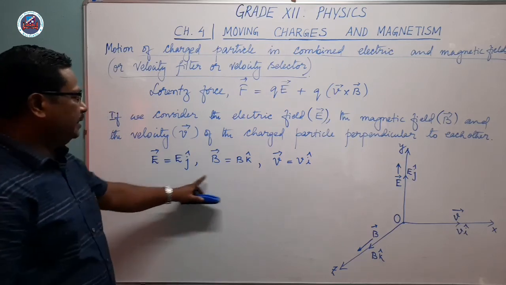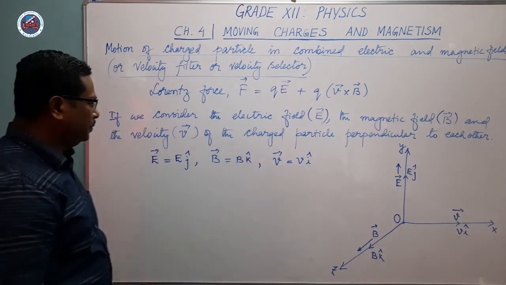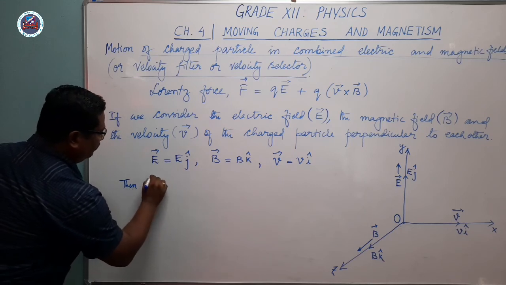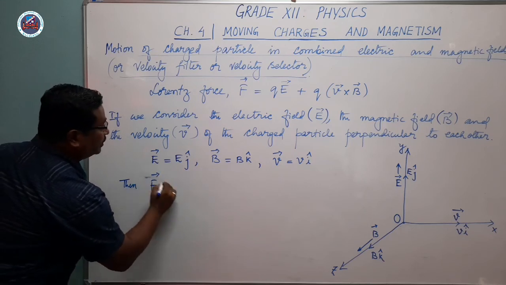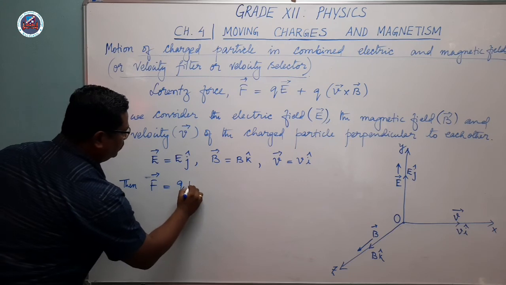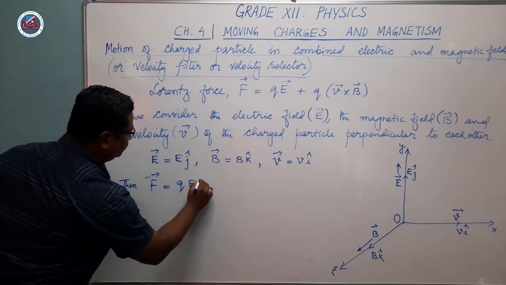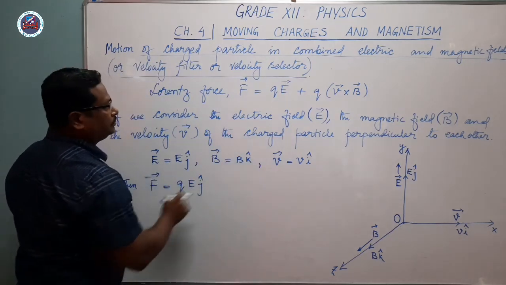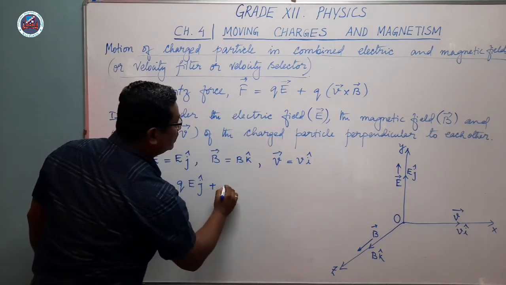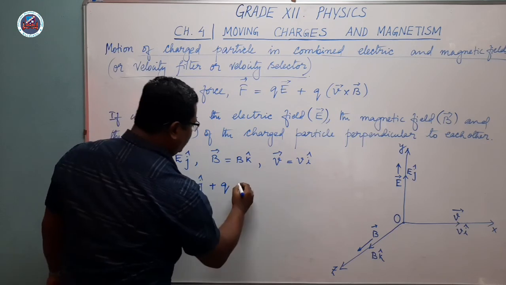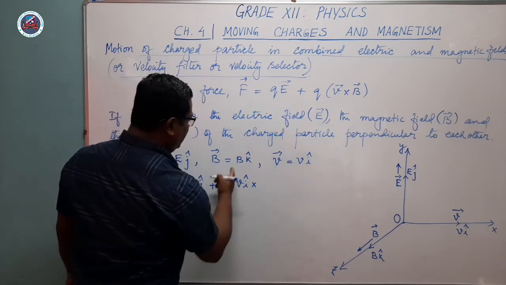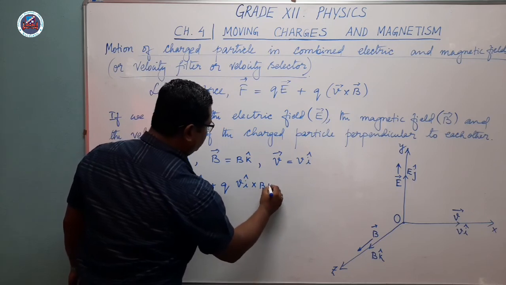If you represent it like this, then your Lorentz force F can be written as Q E j cap plus Q V i cap cross B k cap.